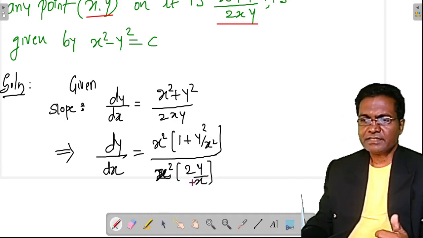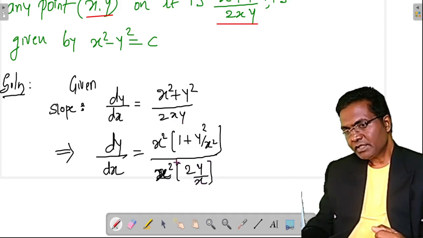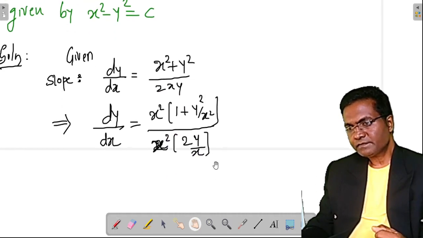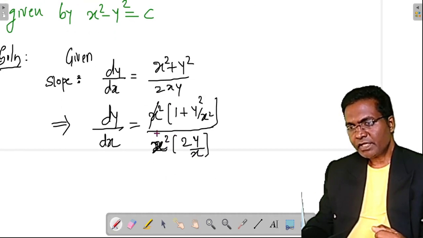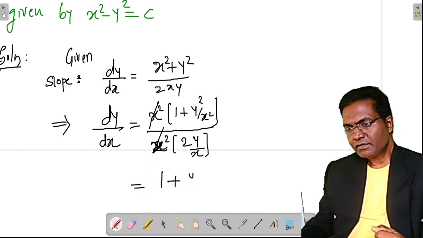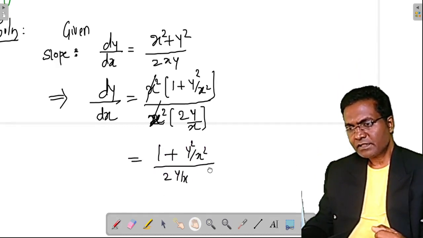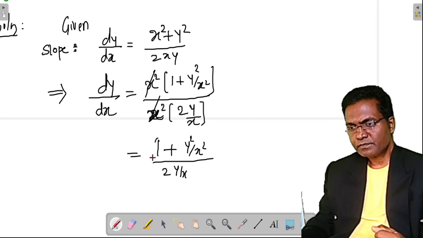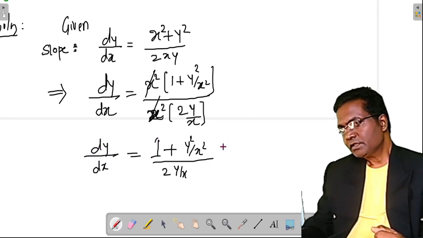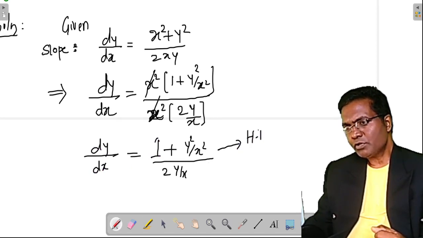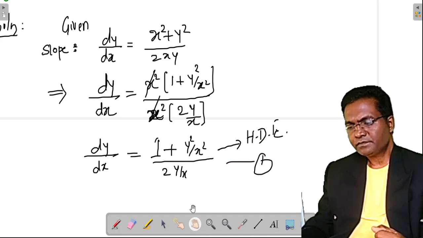Just an arrangement, x square cancels, and you will be left with (1 plus y square by x square) by (2y by x). Clearly this is homogeneous. So this is your homogeneous differential equation. I can call it number 1.